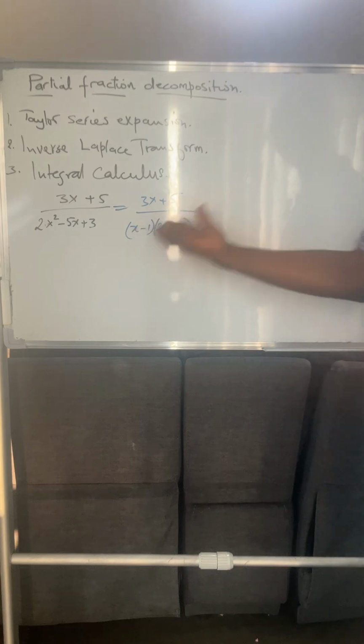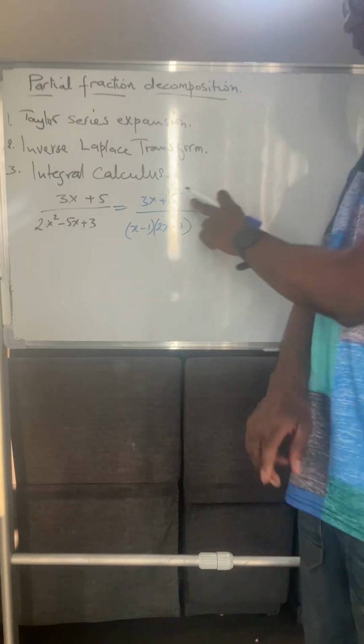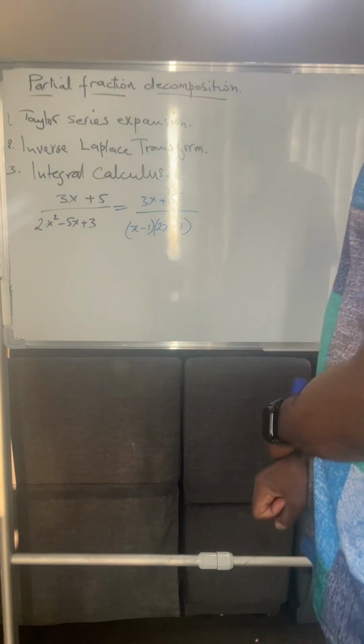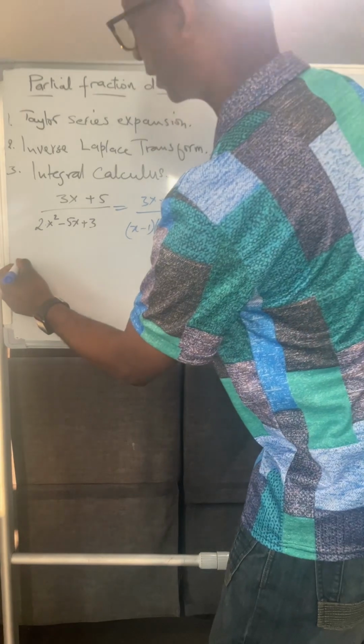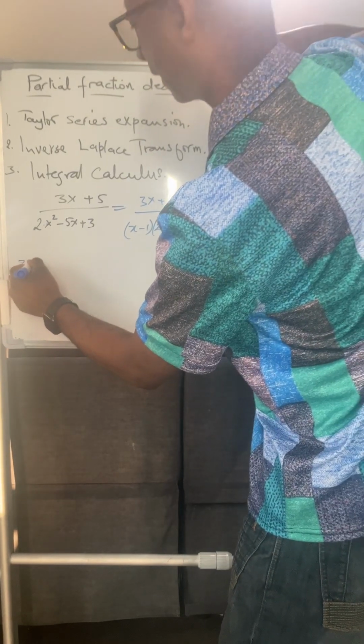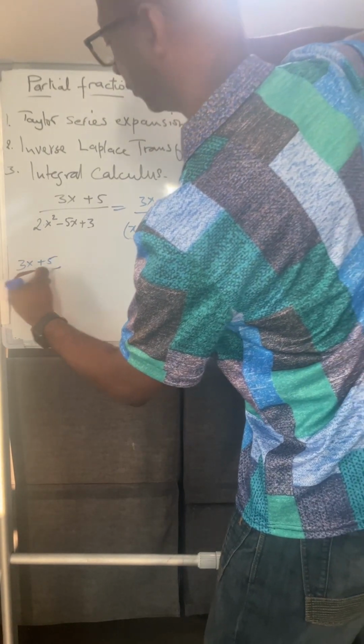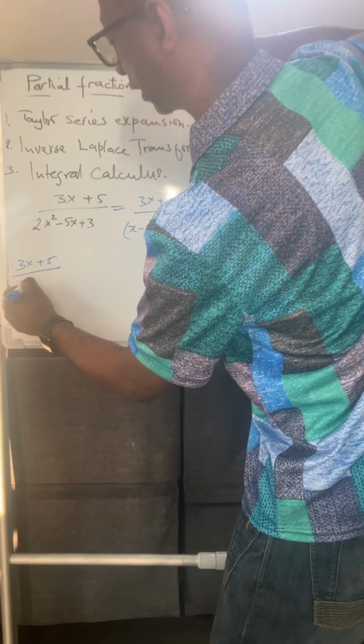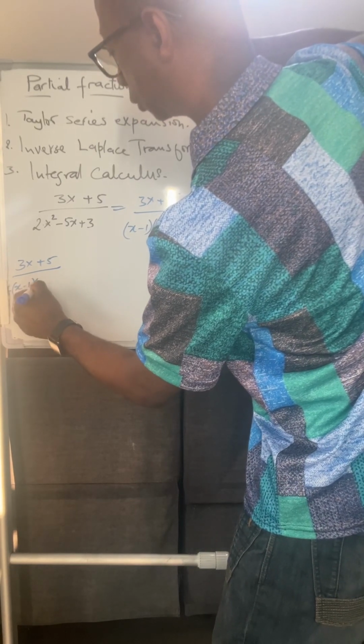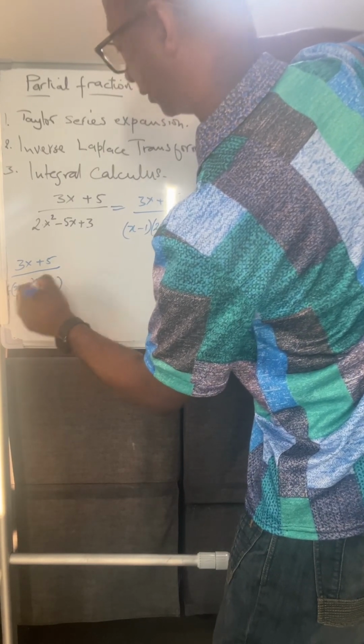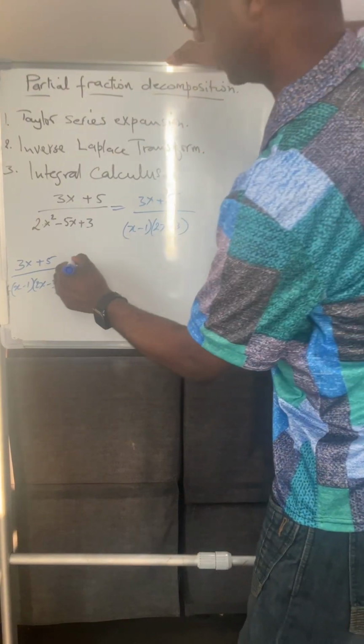So now we want to decompose this function. We have it here as 3x plus 5 divided by x minus 1 into 2x minus 3.